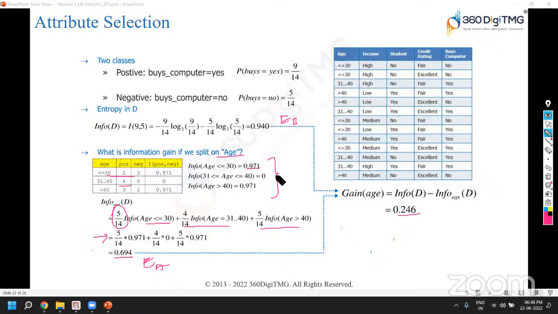The same logic will be implemented for income, where income is also giving 3 groups. Then student as well, you have 2 branches, yes, no. Credit rating, fair or excellent, also 2 branches. So this way we keep splitting and we get different information gains for each of the columns.